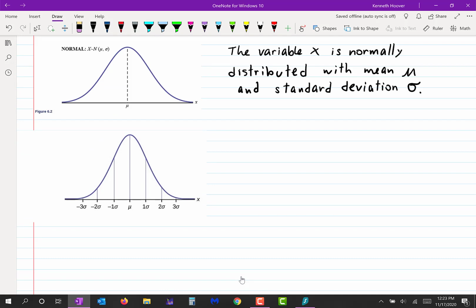Okay, what I would like you to know is that about 68% of the scores, or if you want to say the values, that's fine, let's say X values, lie within 1 standard deviation.